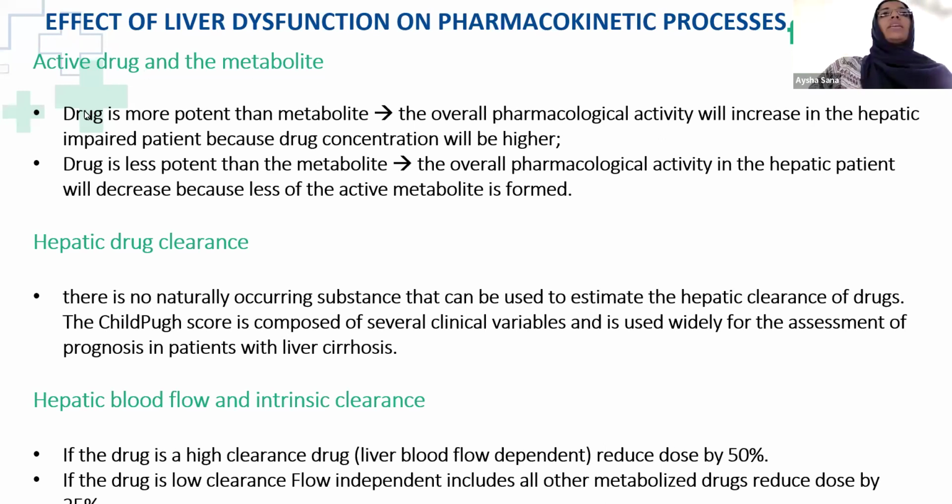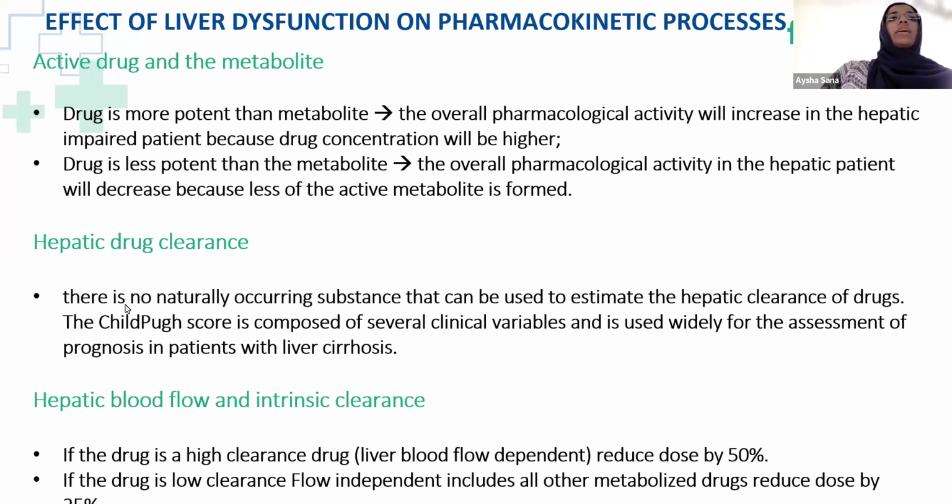In case of liver dysfunction, if you are giving a drug which is more potent than the metabolite, the overall pharmacological activity will increase in hepatic impaired patients because drug concentration will be higher. If the drug is less potent than the metabolite, the overall pharmacological activity in hepatic impairment will decrease because the drug is less active than the metabolite.